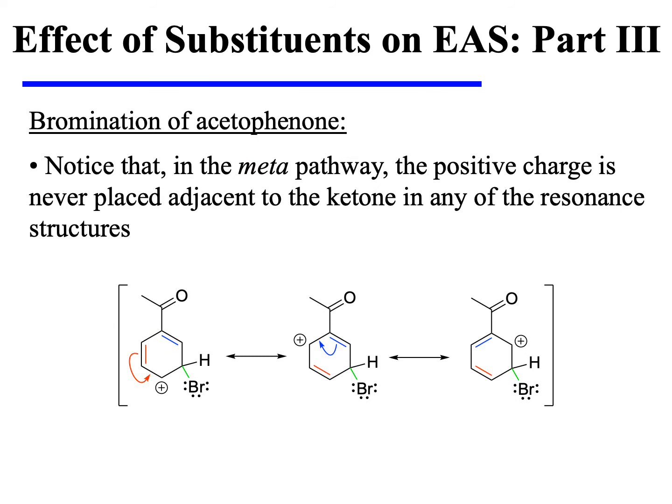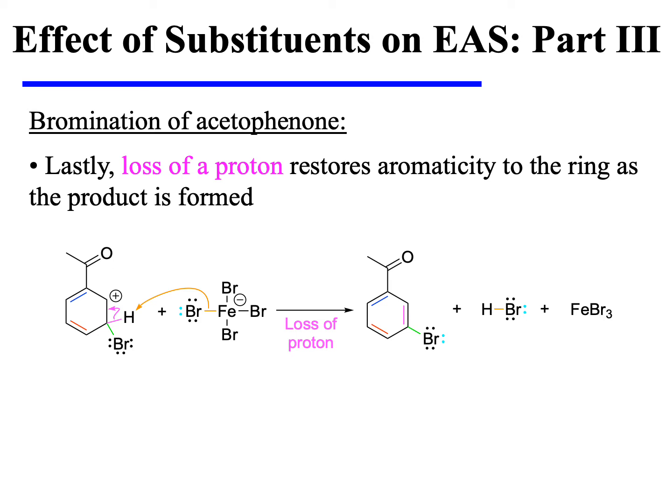Notice that in the meta pathway, the positive charge is never placed adjacent to the ketone in any of the resonance forms. File that away in the back of your mind for just a moment. Meanwhile, let's finish off the mechanism. Loss of a proton restores aromaticity to the ring and gives us the final product.